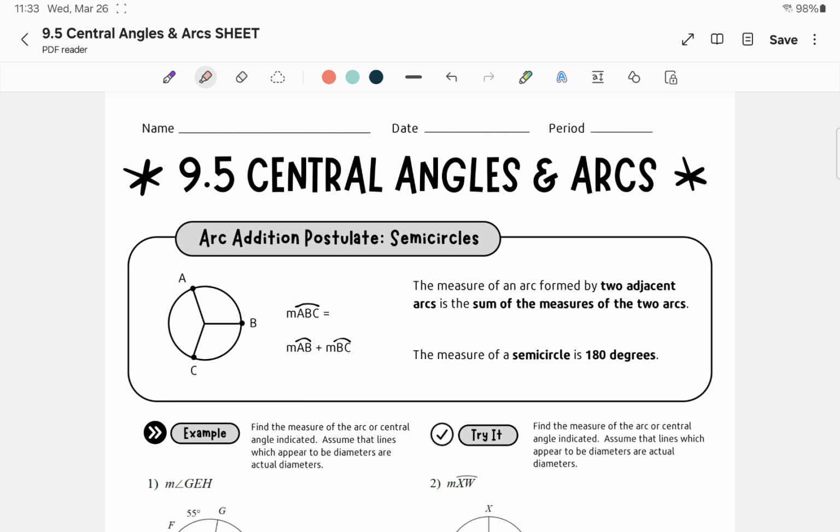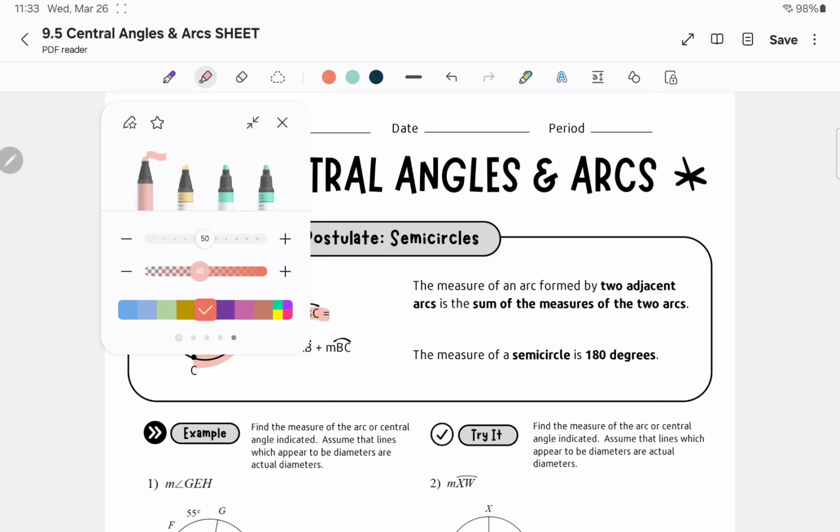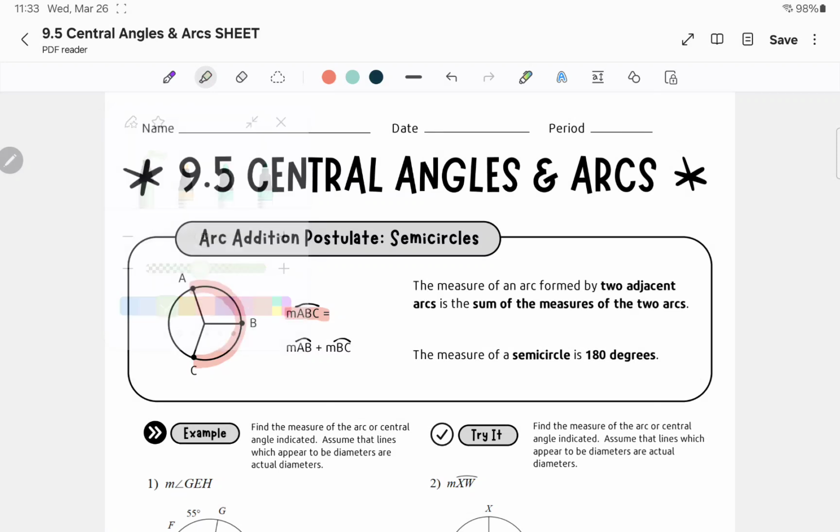So grab some highlighters. Let's grab 3 different colors. And let's start with this part right here, which is saying the measure of arc ABC, right? It's a major arc. It's got 3 letters, meaning it's going to be more than halfway. So that means we're going to start at A, pass B, and end at C. So this major arc is equal to those other smaller arcs that are part of it, right?